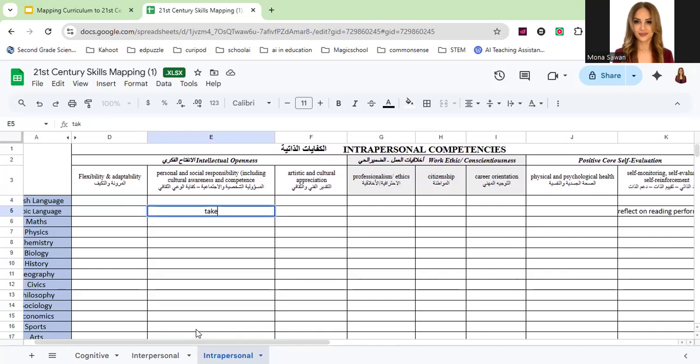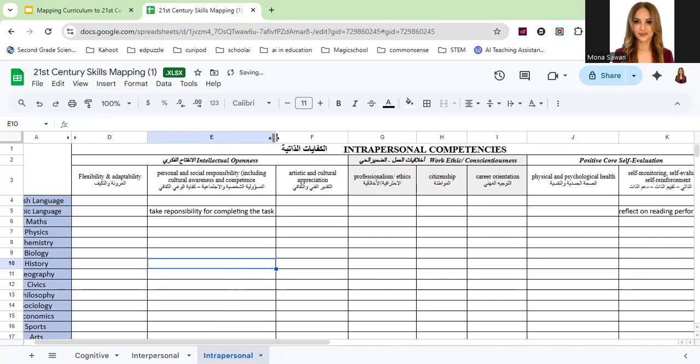Take responsibility for completing the task. This supports reflection and responsibility.